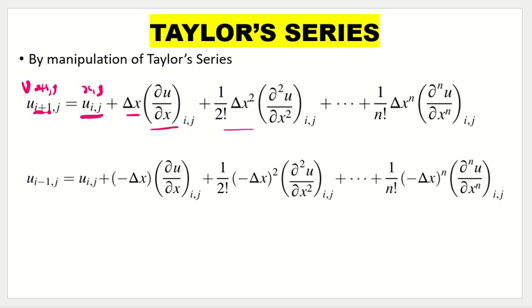Similarly, if you want to know it at a previous point, you know it at a particular point now, but you want to know what it was before it got to this point. You use u i minus 1, that is when you want to know x minus 1 step size before. So it's equal to the previous one minus delta x times du dx, and so on and so forth.